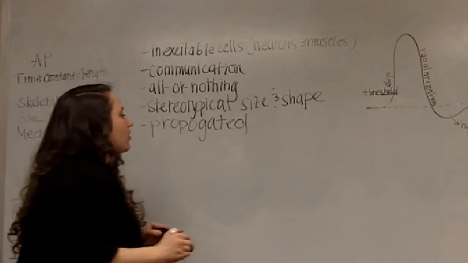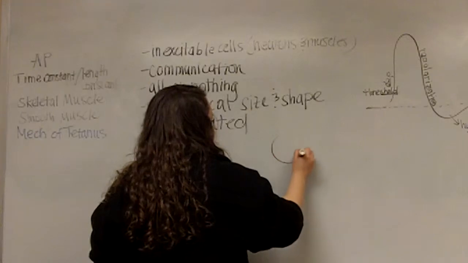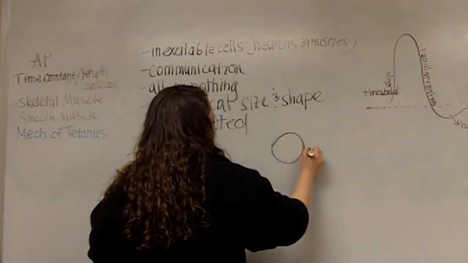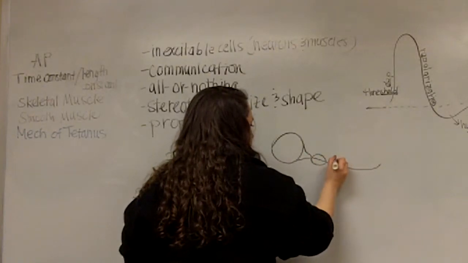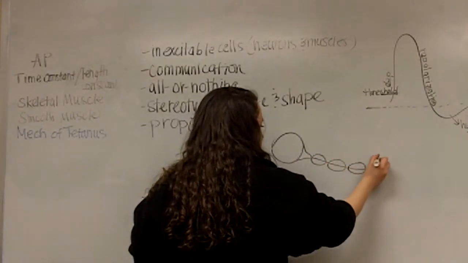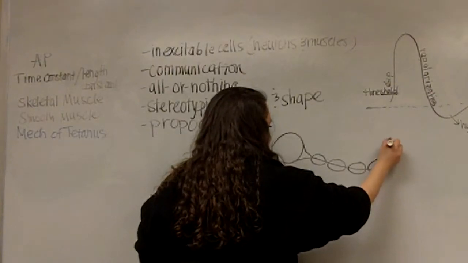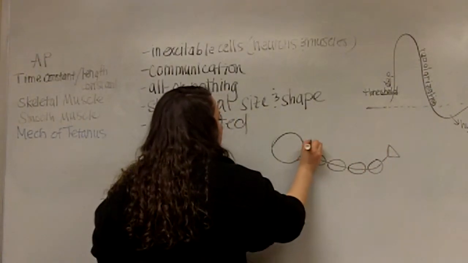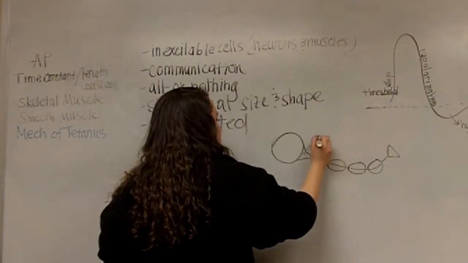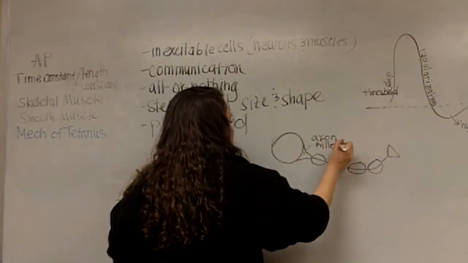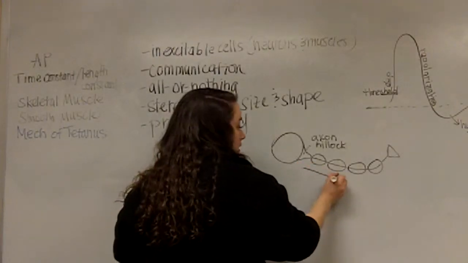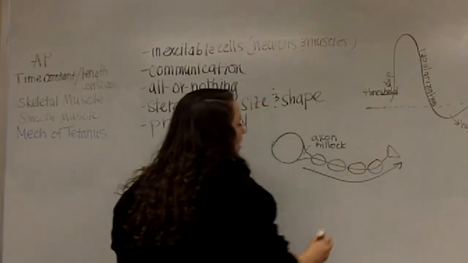So in a neuron, they're going to start here in the axon hillock, and then they travel in one direction down the axon of the neuron.